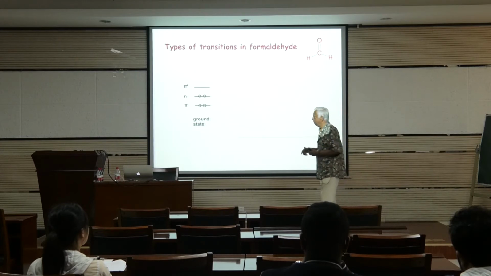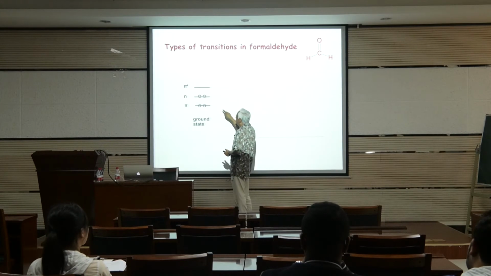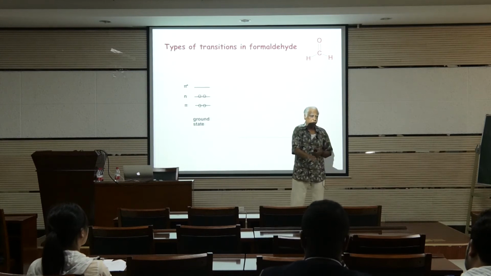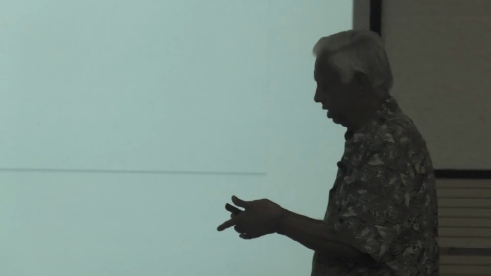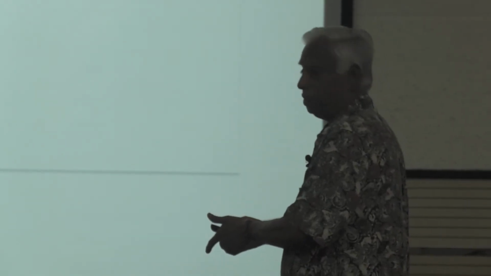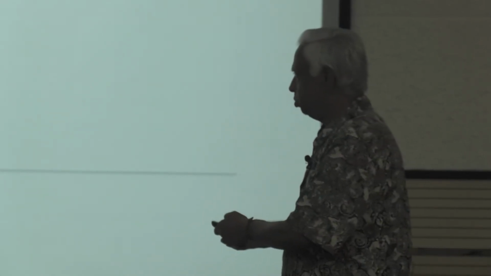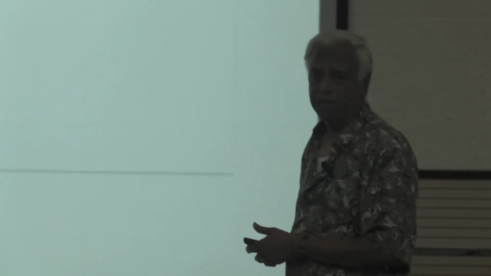So when you draw these things, you don't draw like this. You draw like this because they represent the energy. Whatever is the lower one, that is more stable. Whatever is the higher one, that is less stable. Okay? So this is the less stable, more stable, and the most stable one. If you have 4 electrons, the first 2 go into the most stable, the next 2 go into this one, and this one is left empty.